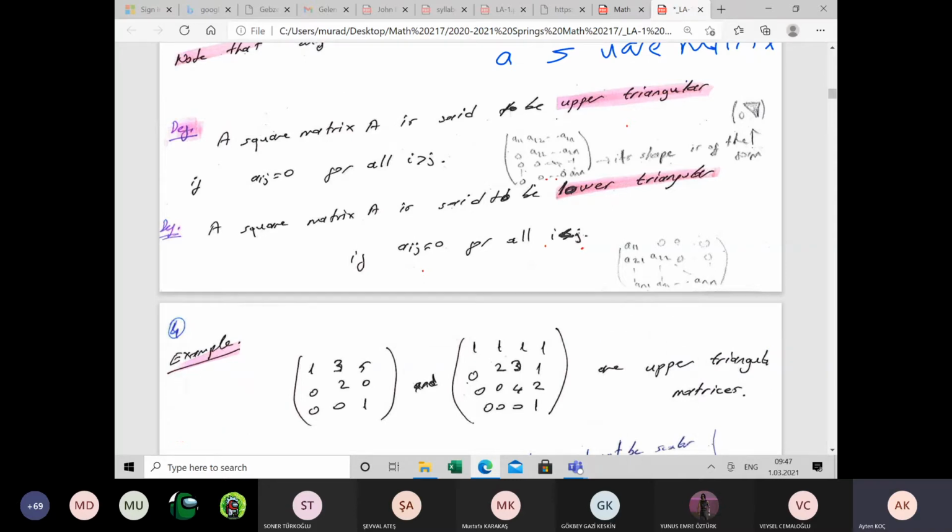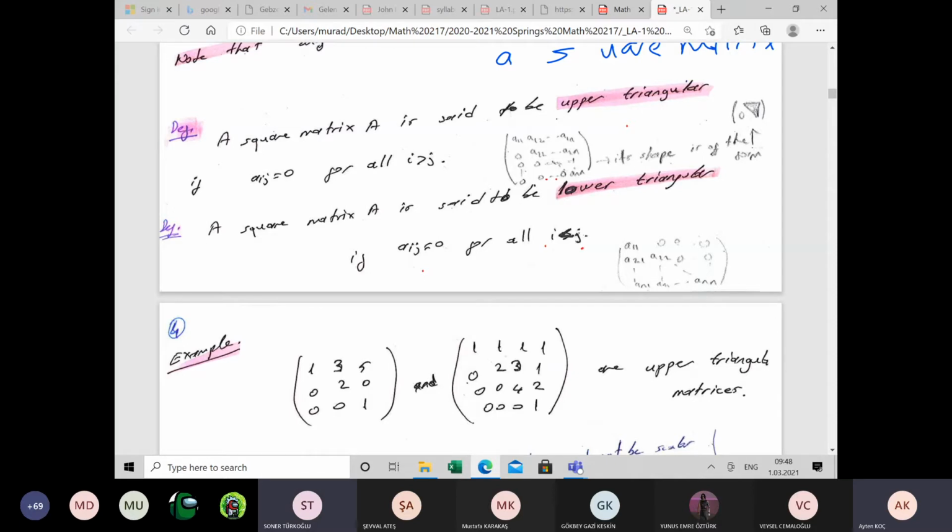What's the statement? The statement should be: every square zero matrix is an upper and lower triangular matrix. It's true. Yes, it's true.